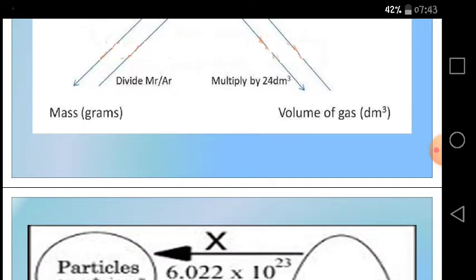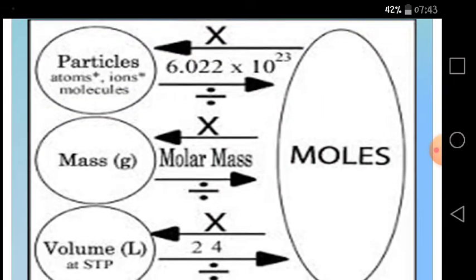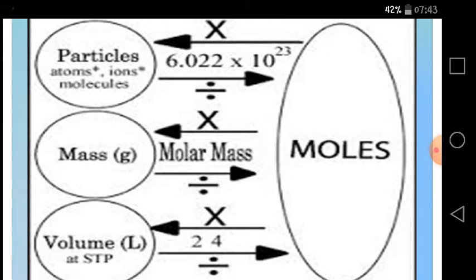Dear students, another way to simply express this is the conversion from particles, mass, and volume into moles, and from moles into particles, mass, and volume. Simply, if we have the particles number divided by the Avogadro's number, that is 6.02 into 10 raised to power 23, then we will be able to get the number of moles.